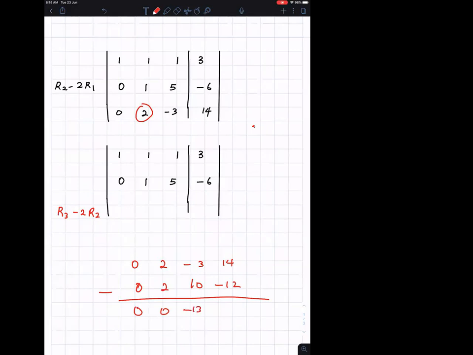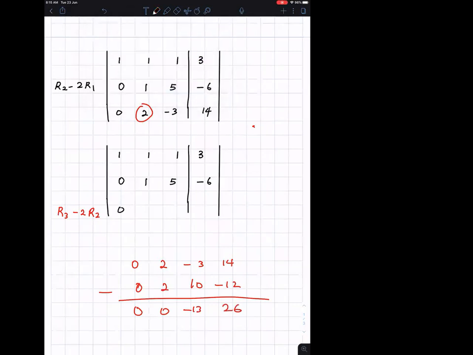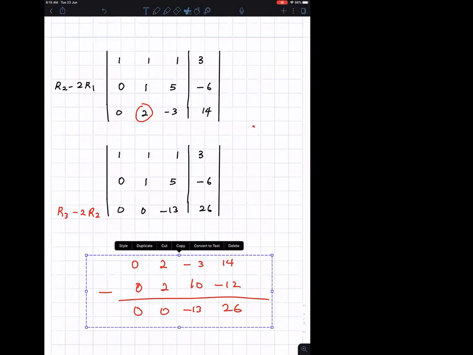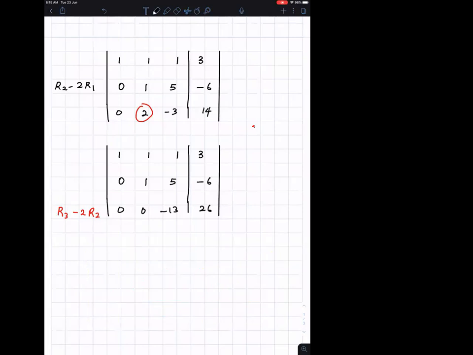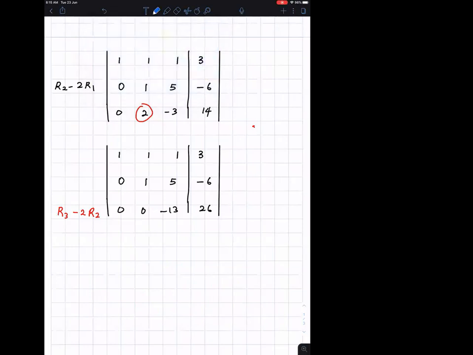Then 14 minus minus 12 becomes 26. So it's going to be minus 13, 26. So you already achieved all the zeros that were needed, the zeros we wanted to achieve earlier.